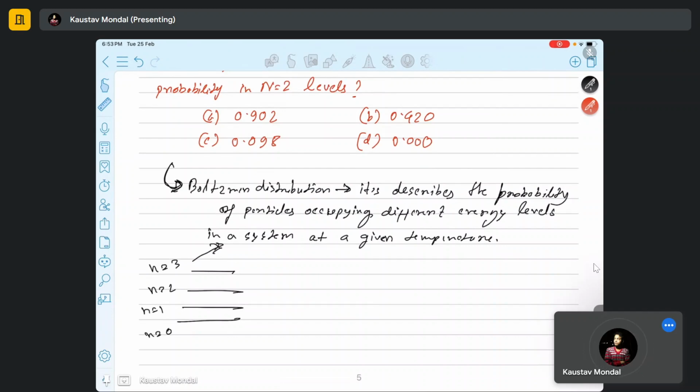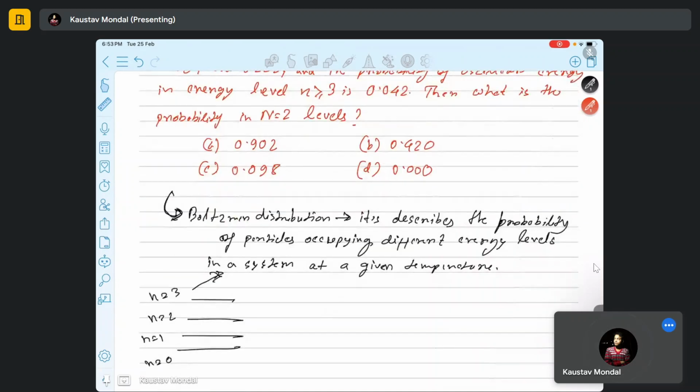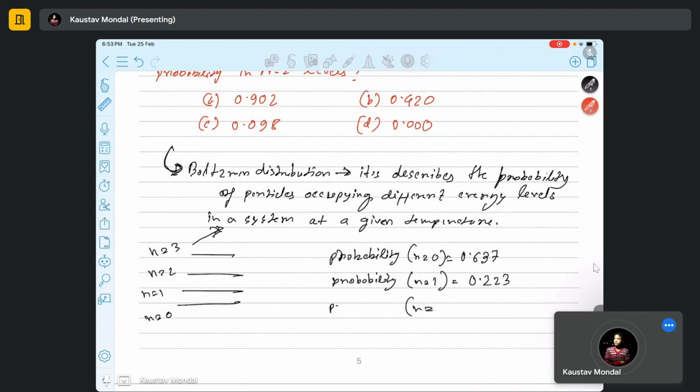For the current problem, the values of the probability at n equal to 0 is mentioned as 0.637, the probability at n equal to 1 is 0.223, and the probability of n greater than or equal to 3 is 0.042. So these are the probabilities already mentioned in the problem.